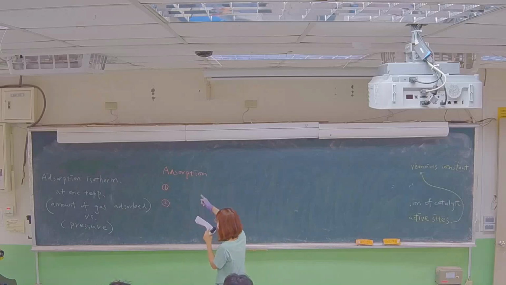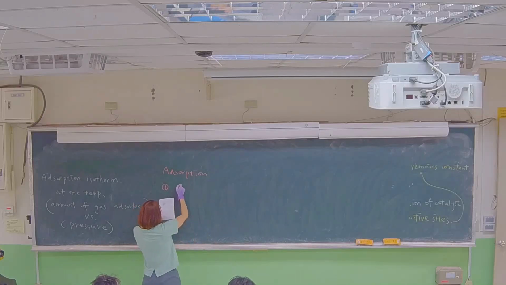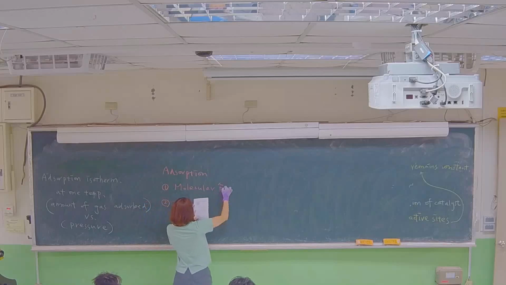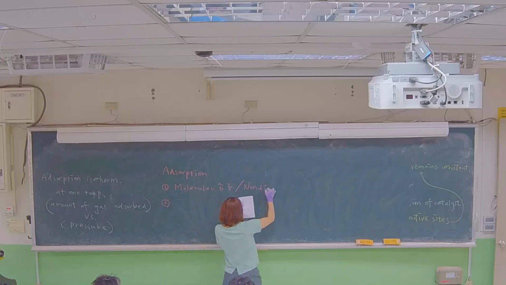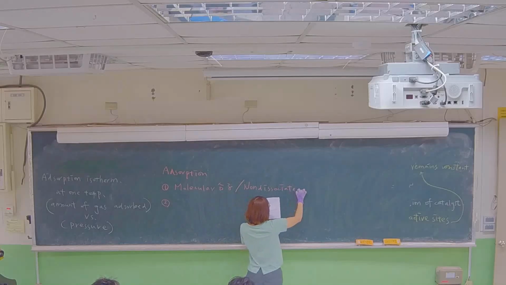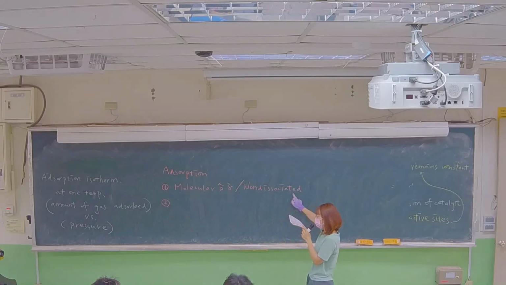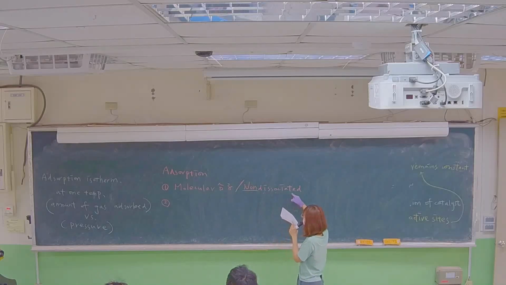The first one, for example, if we talk about carbon monoxide, CO, is molecular adsorption, or you can call it non-dissociated adsorption. There is a typo in the slide: non-dissociated should be spelled with a t at the end.